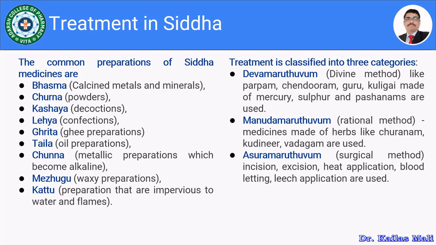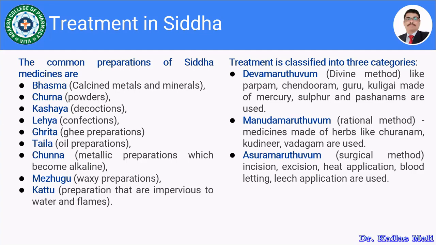Then leha, that is the confections. Then the grita, these are the ghee preparations, prepared using ghee, known as grita. Then taila, these are prepared using some oils, known as the tailas.